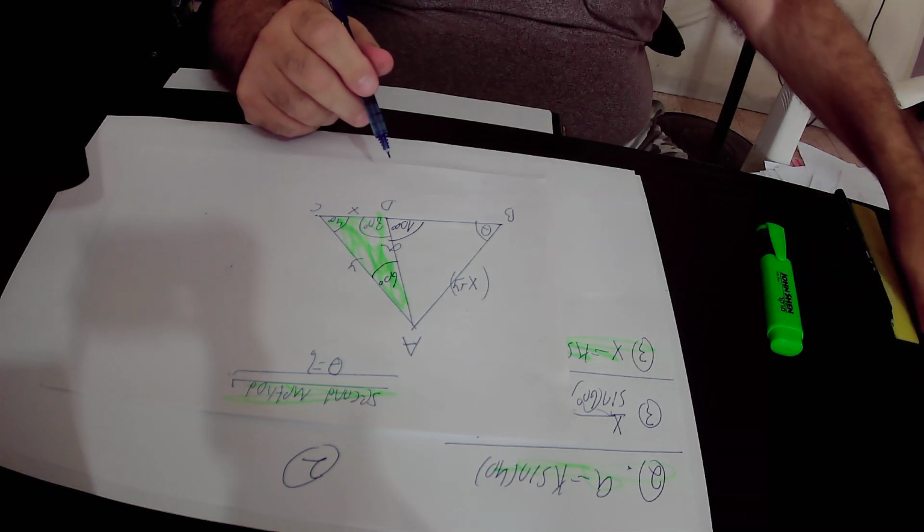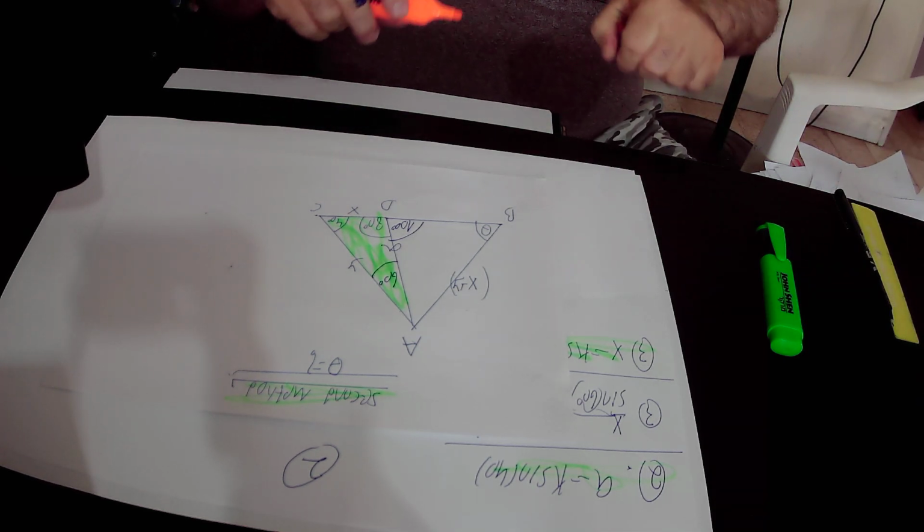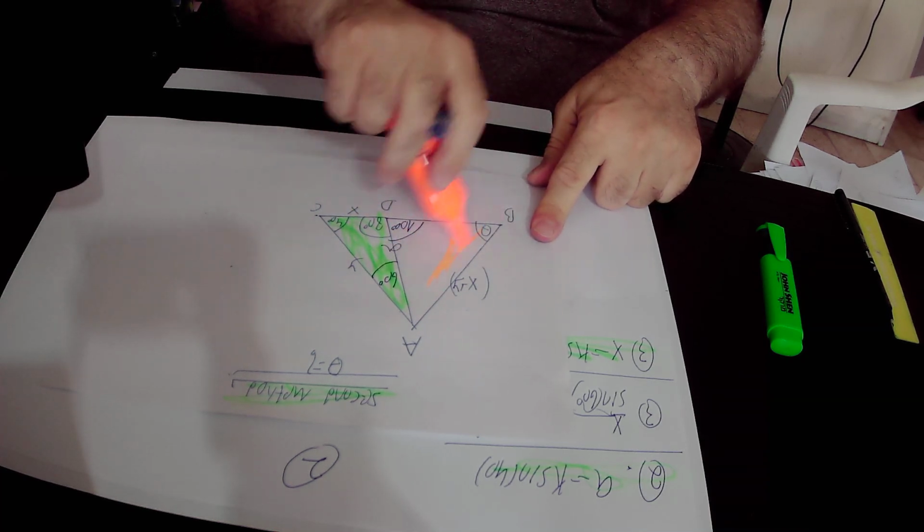So in the next step we will implement the law of sines in the orange triangle, triangle ABD.